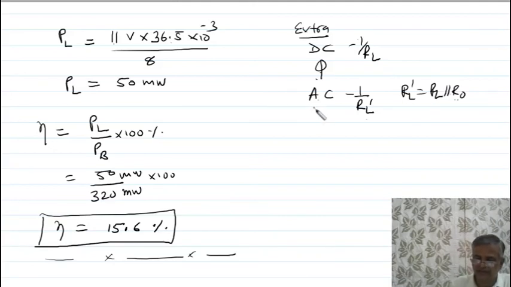After this we have discussed the important topic, efficiency, and that efficiency is 25% plus for a class A amplifier whose load is a resistor, direct coupled, which we have used. Then today we have seen the phase relationship between input and output.